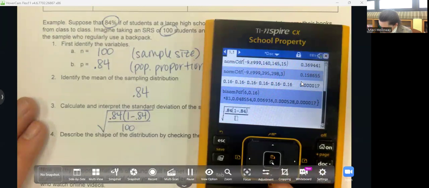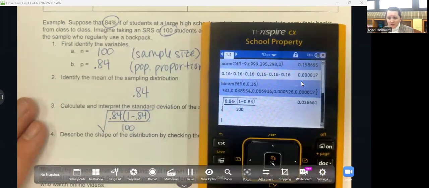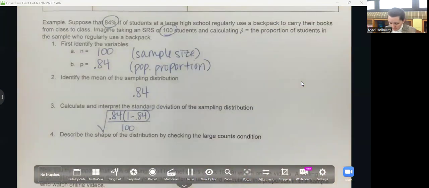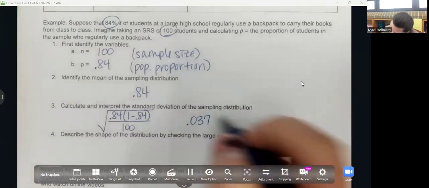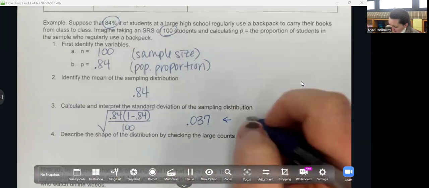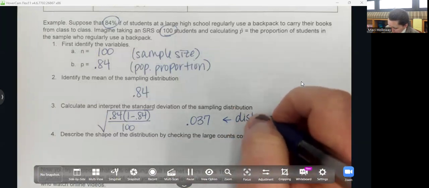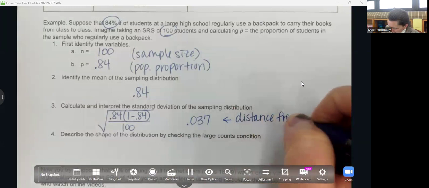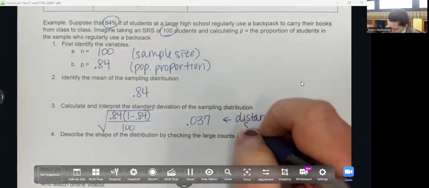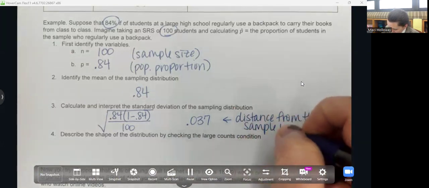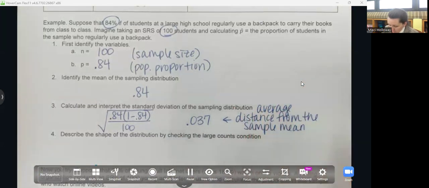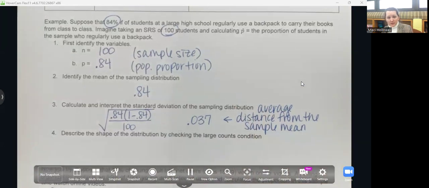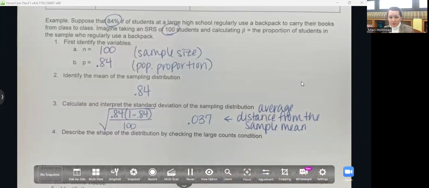You can always put 0.16 there if you already know it in your head, divided by 100, and it's 0.036, we'll say 0.037. So this is the average distance from the sample mean. That tells us our standard deviation of the sampling distribution.